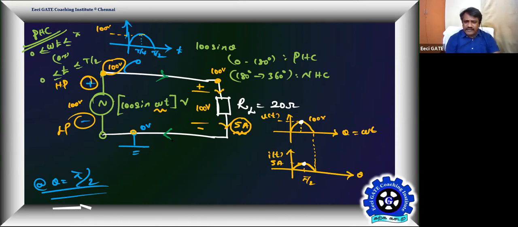This is your source and this is your load. Tell me who is absorbing and who is delivering. Everyone following, right? If you understand, then you have to respond immediately.